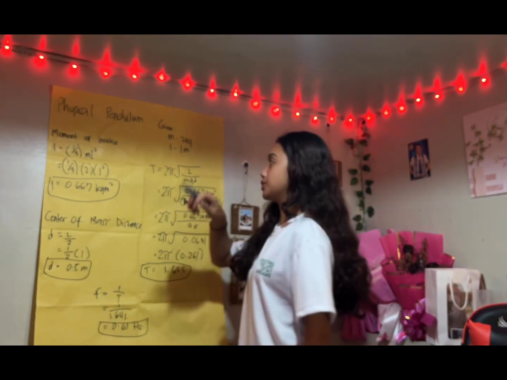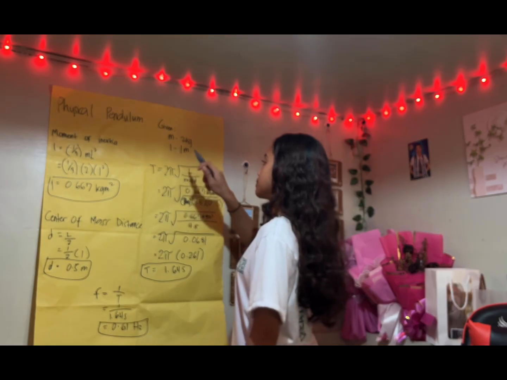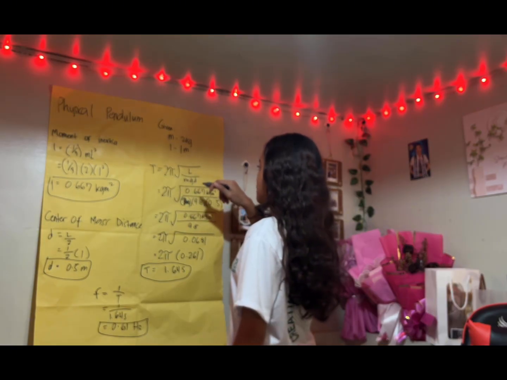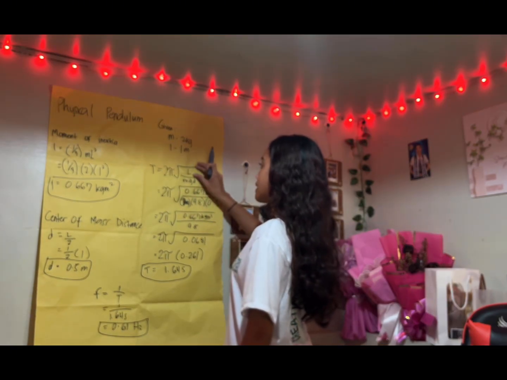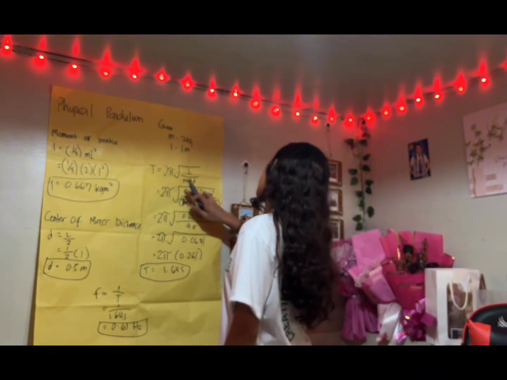Let's proceed to T equals 2 pi square root of I over mgd.